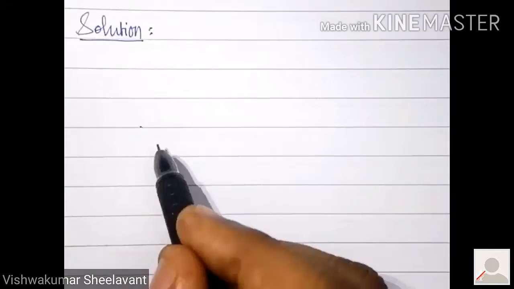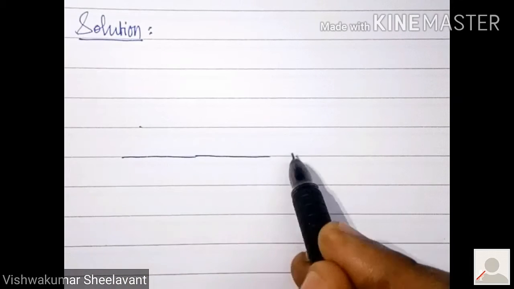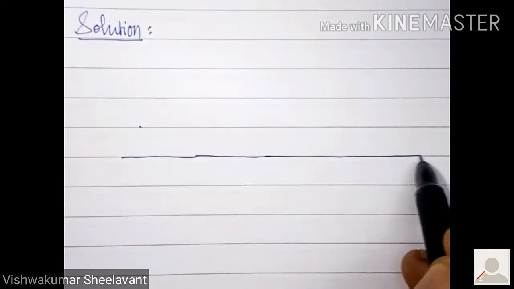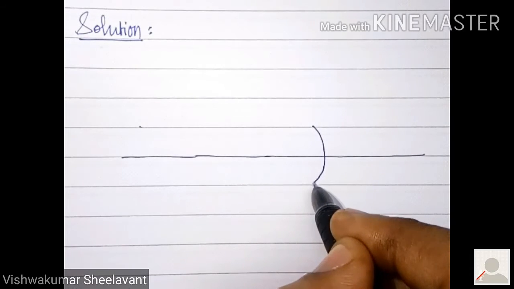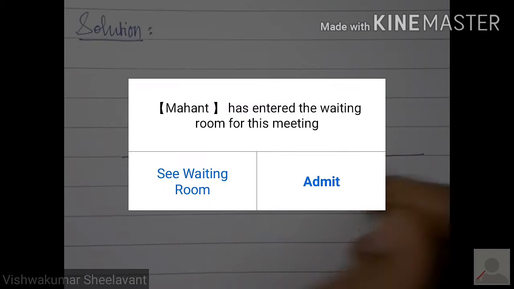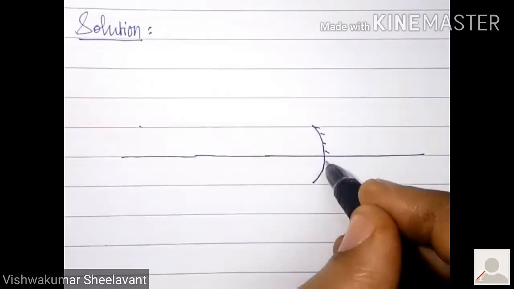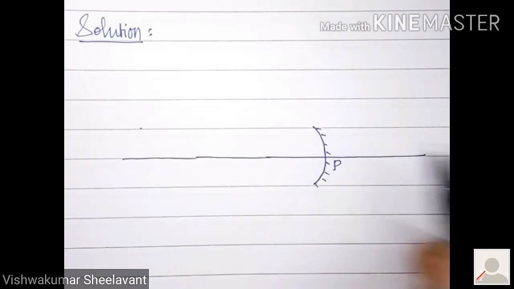Again, like in previous problem, we will have one figure which will give you complete idea about sign conventions. But this time we have to take what? Concave mirror. This time we have to take concave. So P here.